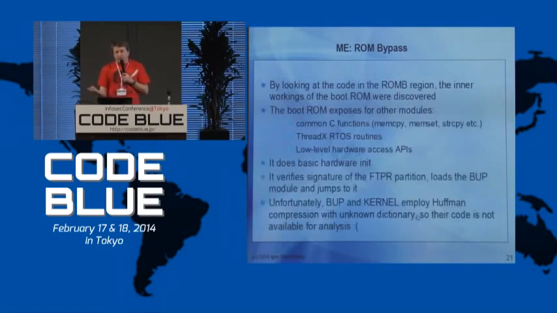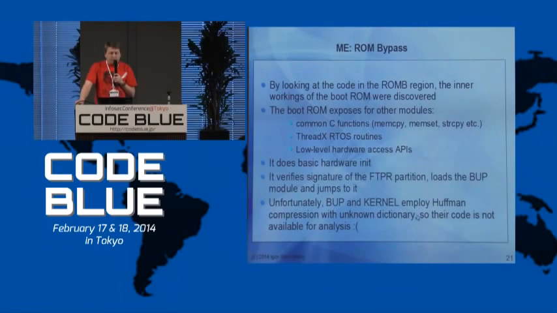However, this image was still useful, because I could look at the missing pieces, the missing functions that I had not seen before, and I could have a look at basically what is inside this boot ROM on the actual chips.